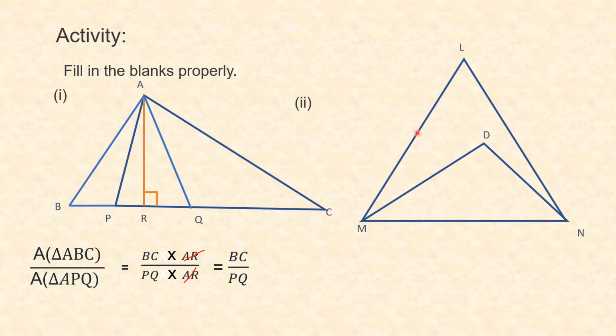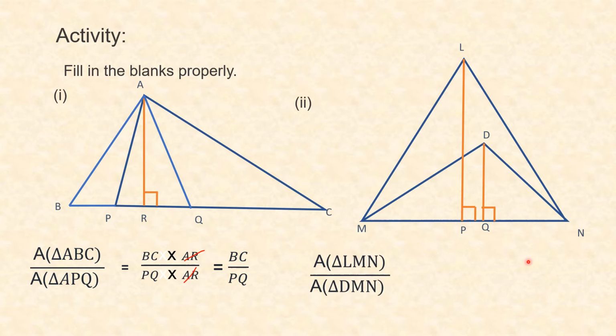Here two triangles are there, triangle LMN and triangle DMN. LP is the height of triangle LMN and DQ is the height of triangle DMN.